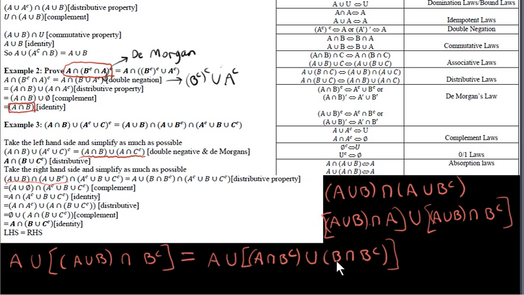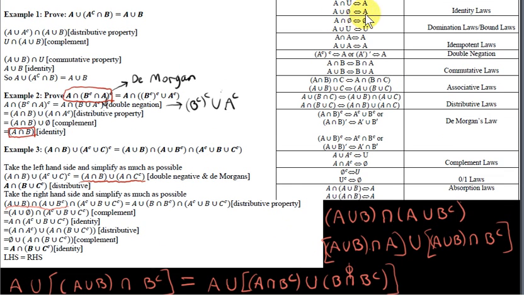Now, the intersection of B with B complement is the empty set, because B and B complement are disjoint. They have no elements in common. So this is just phi. So we have A intersecting B complement union with the empty set. Well, if we unite any set with the empty set, we just get that set. That's one of the identity laws.